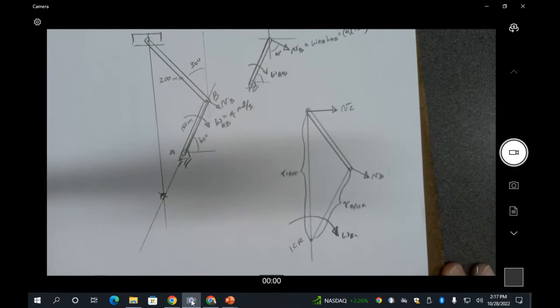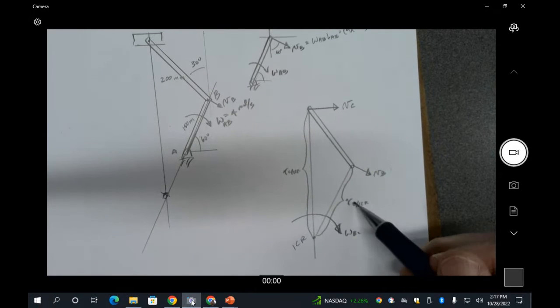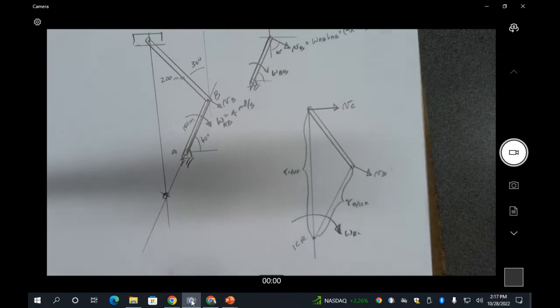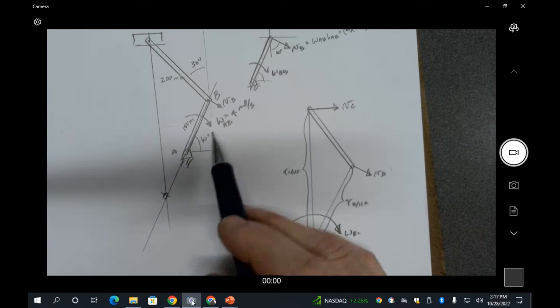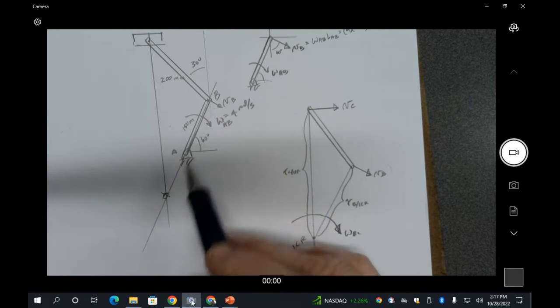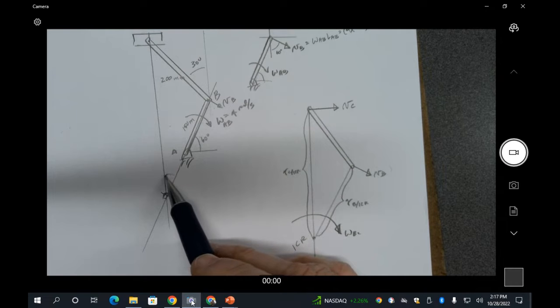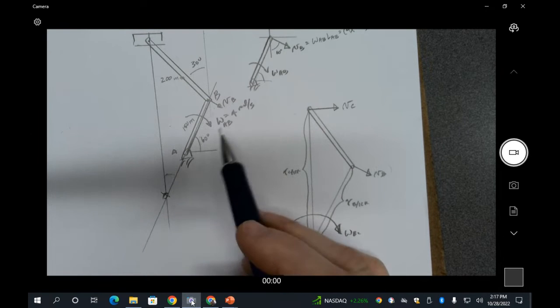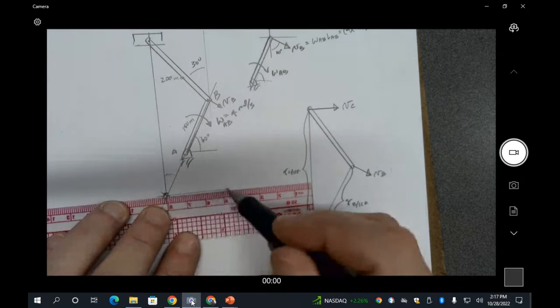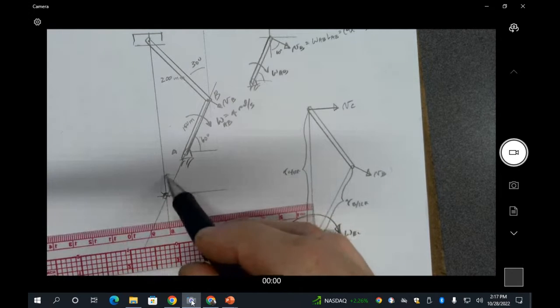So now we just have to do a little bit of geometry to figure out, first off, what the angles are. We can see from right here that this angle must be the complement of the 60, because one way we could do this, we could see that that's going to be 60.